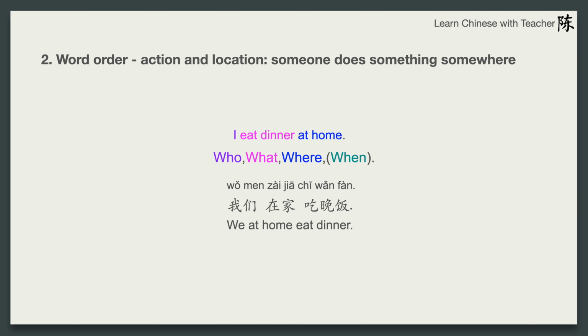Literally, it means we at home eat dinner. 我们 we are the persons. 在家 at home is the location. 吃晚饭 eat dinner is the thing we do. The word order of the Chinese sentence is who, where, what. The time is also not mentioned. Pretty easy, right?